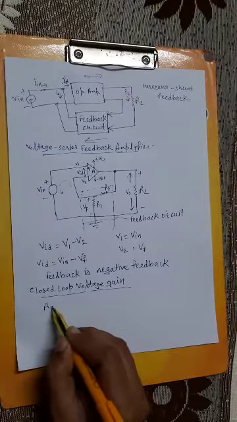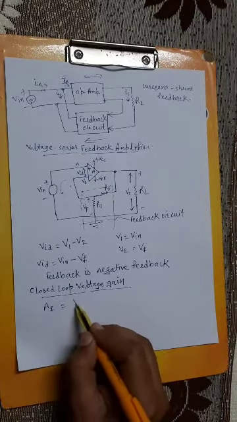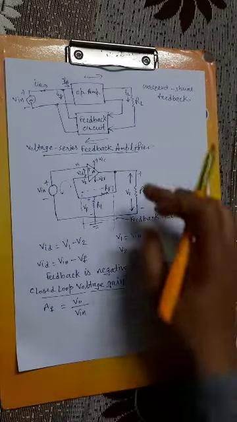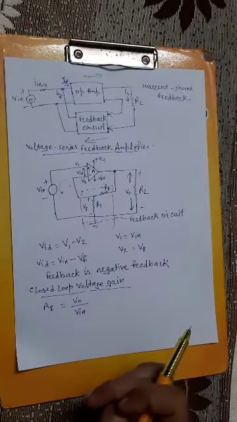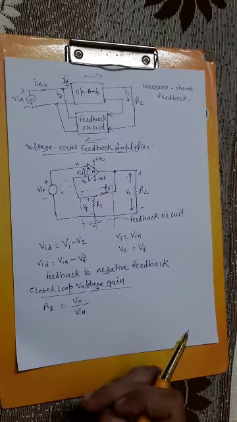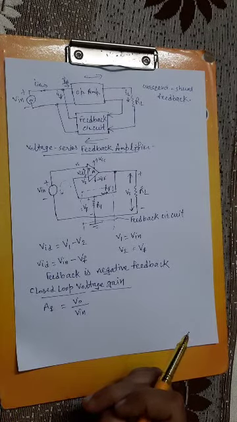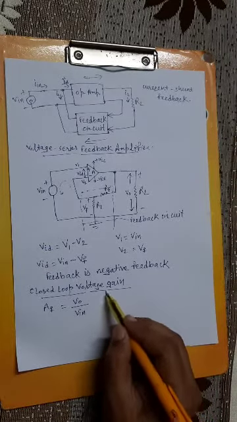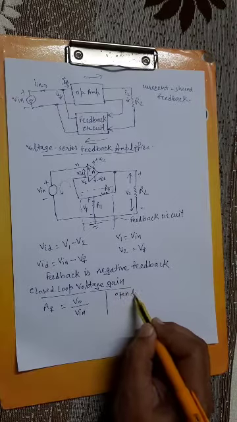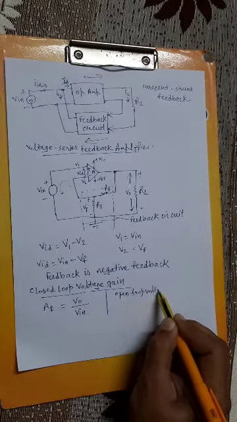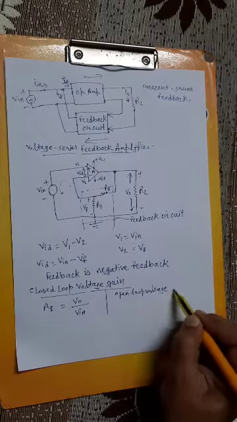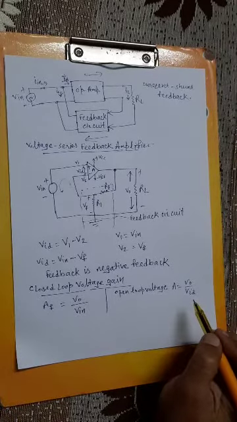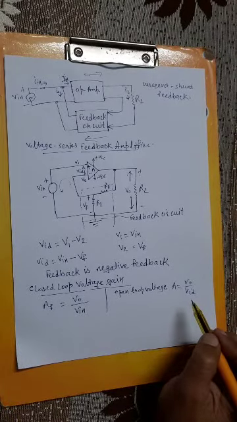AF will be equal to V naught by V input. Okay, this is the closed loop voltage gain. Okay, if you remember, the open loop voltage gain A is equal to V naught by Vid.